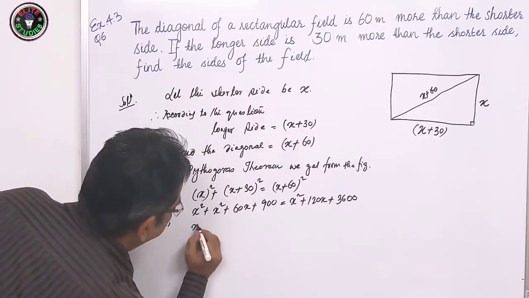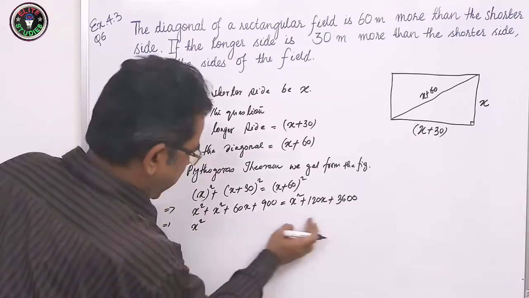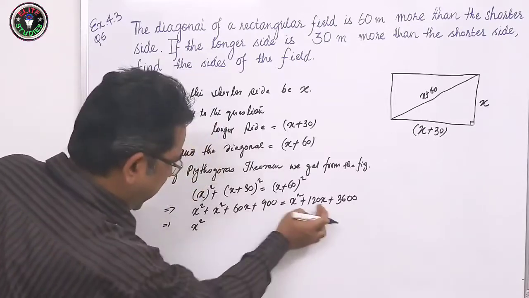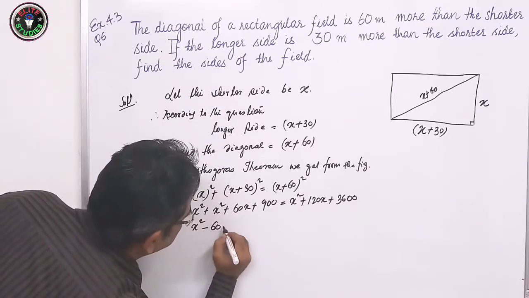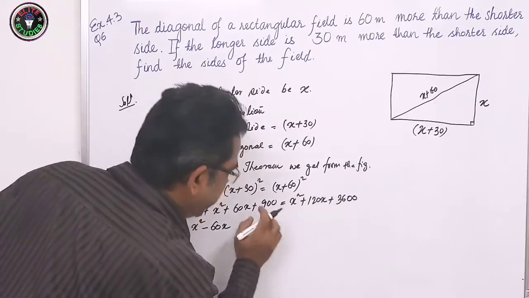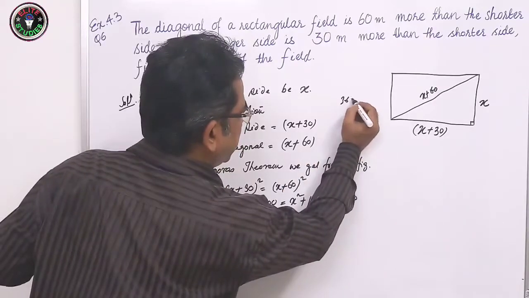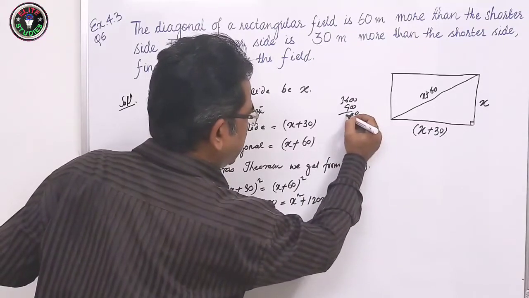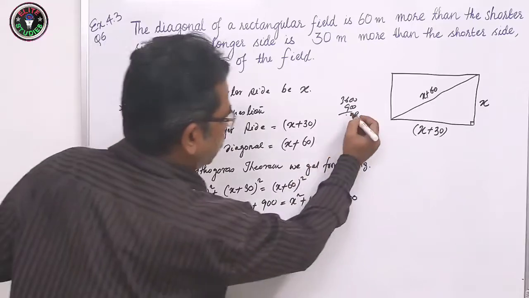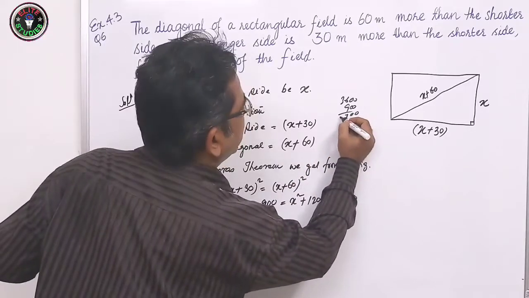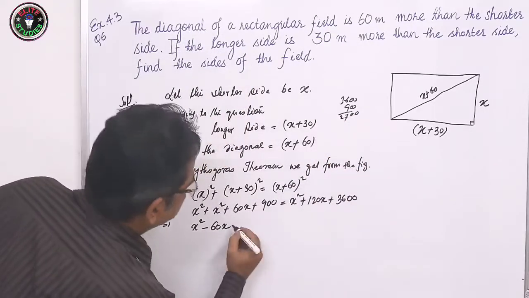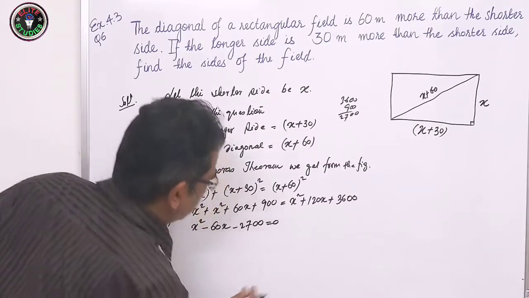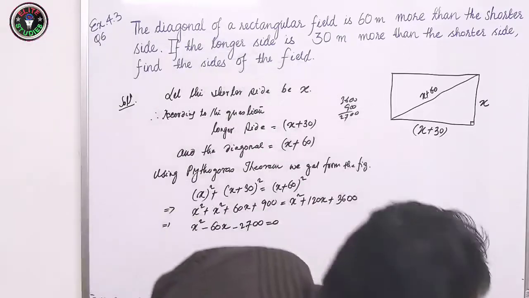So you will remain with x square, 60x minus 120x, so it will be minus 60x, and bring 3600 minus 900, which is 2700, so it will be minus 2700 is equal to 0. We have framed the equation.